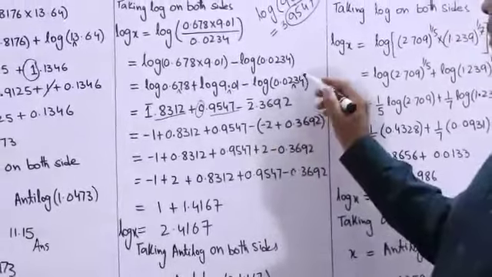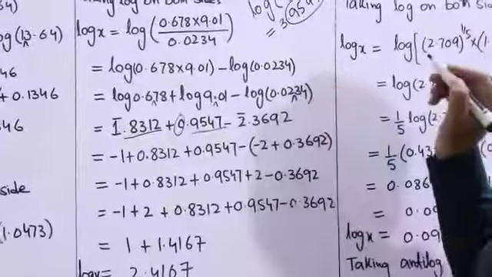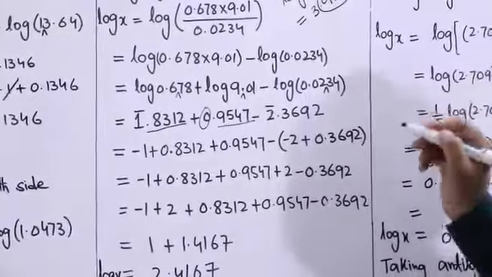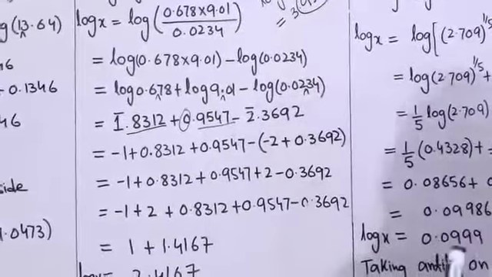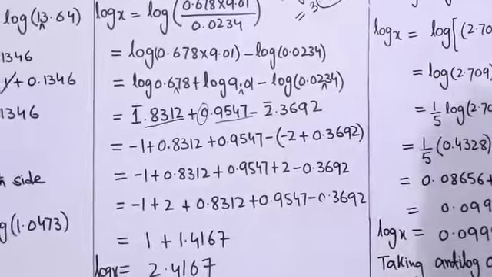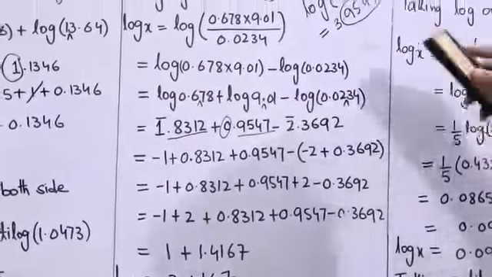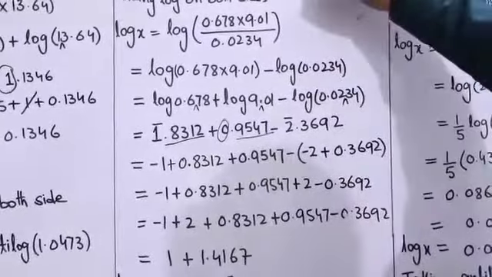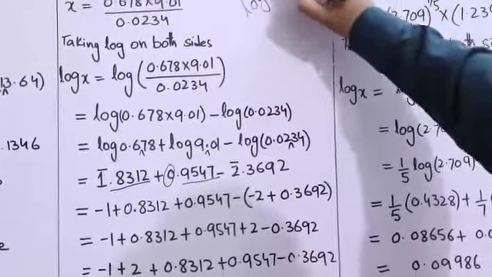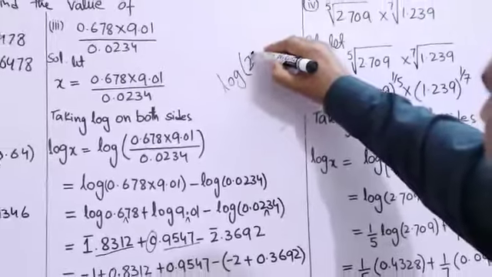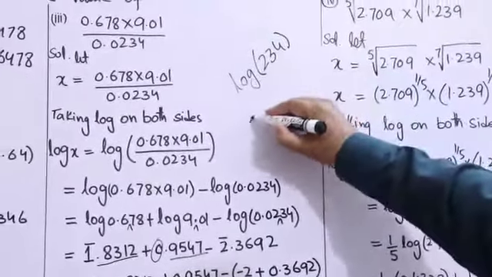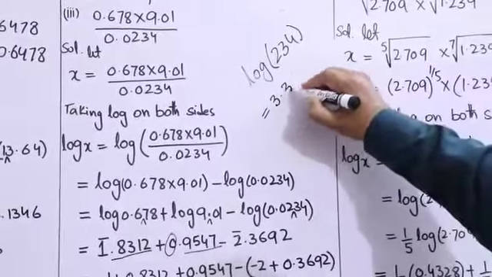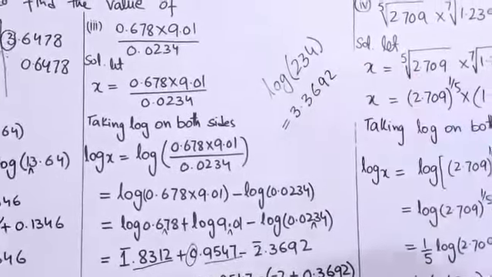Now how do we find the mantissa? By using the calculator. You have to press log, then 234, and this will be equal to 2.3692 by using the calculator.